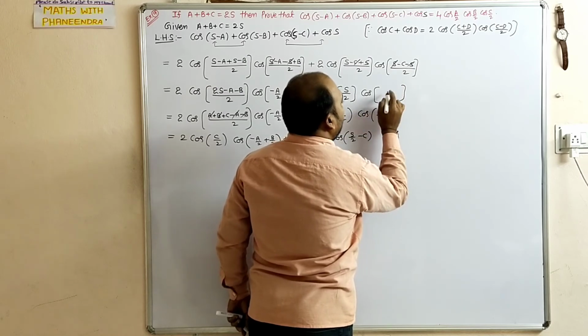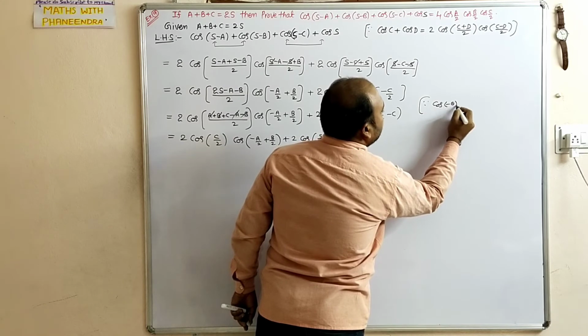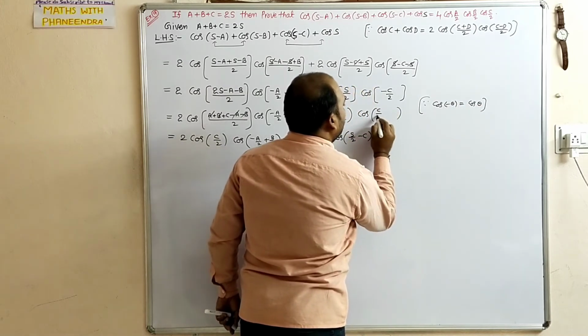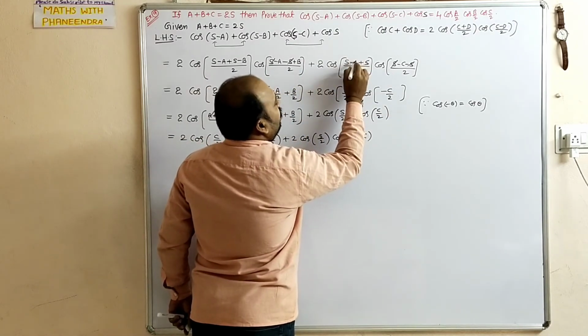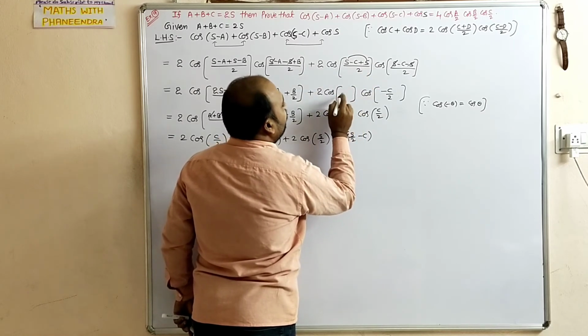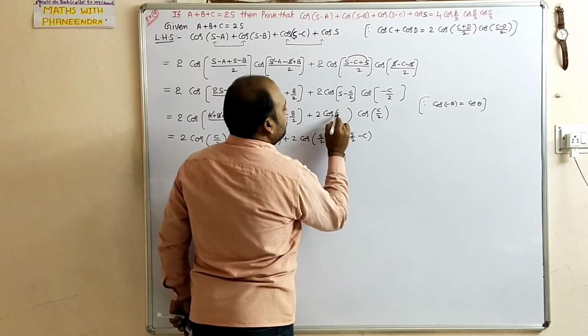It will become minus cos C by 2. In the next step, cos of minus theta is only cos theta. So it will become cos C by 2. Here also we will change it. S plus S is 2S, 2S by 2 means S. S minus C by 2. So this is S minus C by 2.